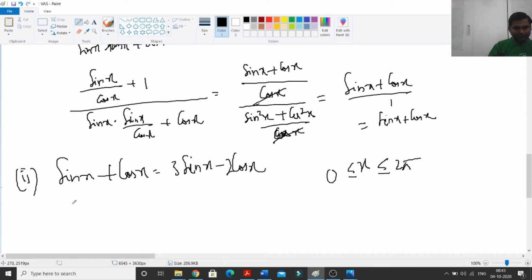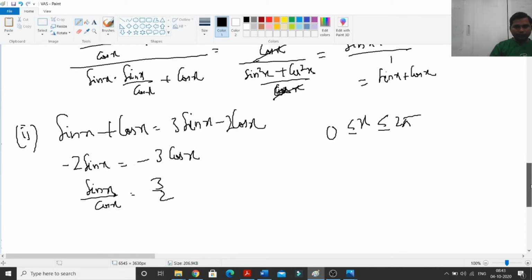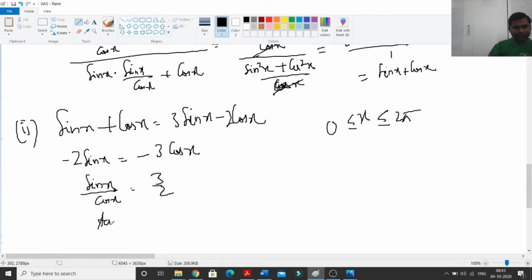So you'll get minus 2 sin x equal to minus 3 cos x. So if you simplify more, you'll get sin x over cos x is equal to 3 over 2. Okay, that will give you tan x is equal to 1.5. So tan is positive in the first and the third quadrant, right?